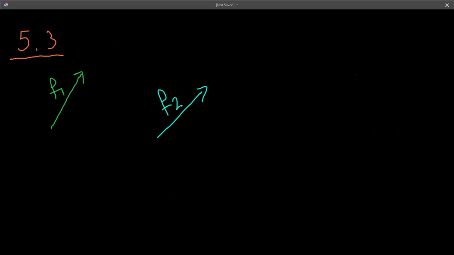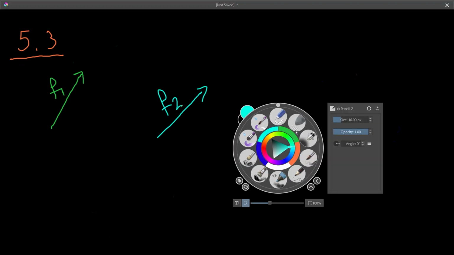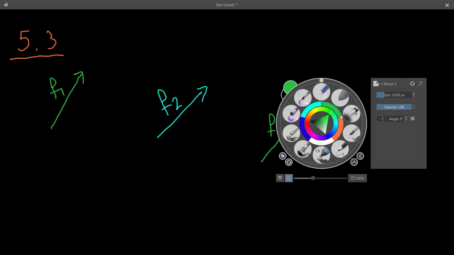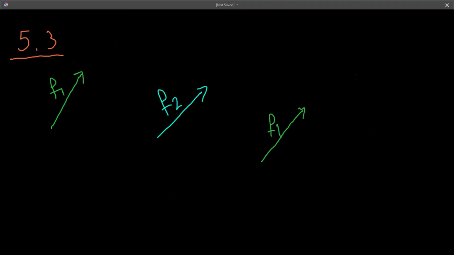All you have to do is take these two vectors and place them head to tail. So this is F1, and then take the head of F2 and put it at the tail of F1, or the opposite. I'll do the opposite. I'll take the tail of F2 and put it like that.